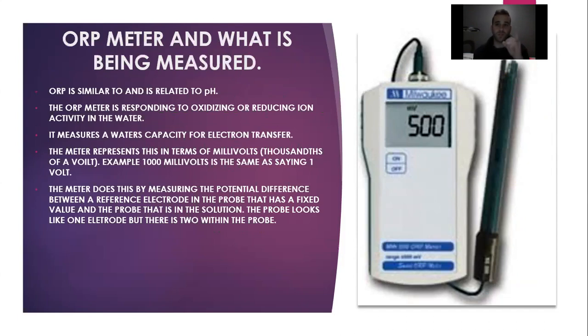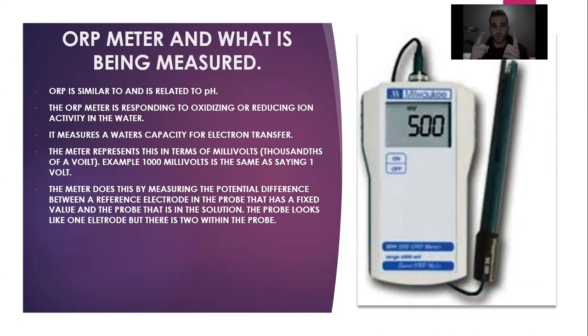There's the reference electrode that never changes its value, and then you have the second electrode, which makes contact with the solution you're testing. And this one obviously will fluctuate depending on the solution.